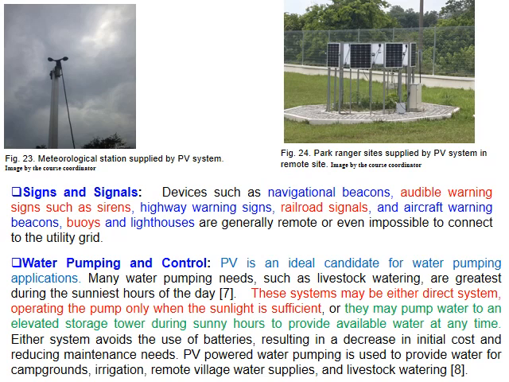Signs and signals could be highway warning signs, railroad signals, aircraft warning, backpack beacons, buoys and lighthouses, and many other types of applications. I give here some photos of a meteorological station and a park ranger site supplied by PV systems.